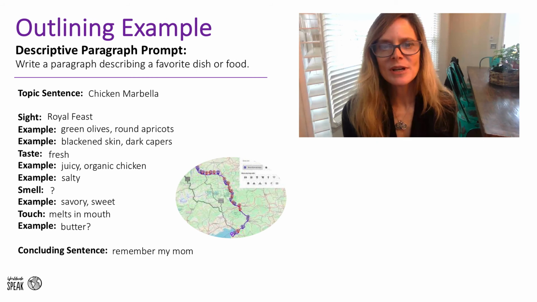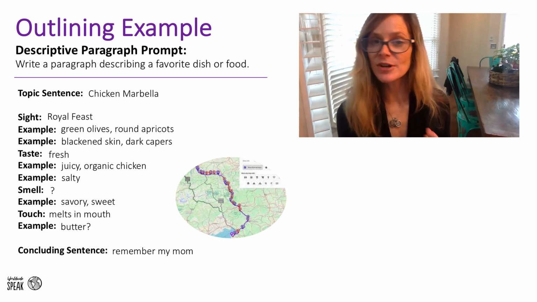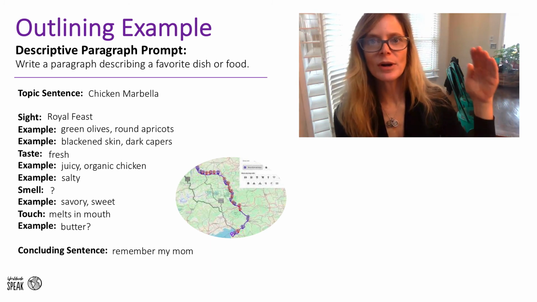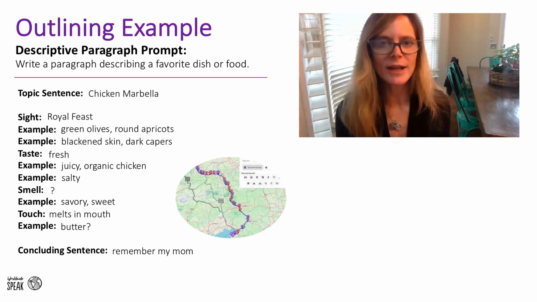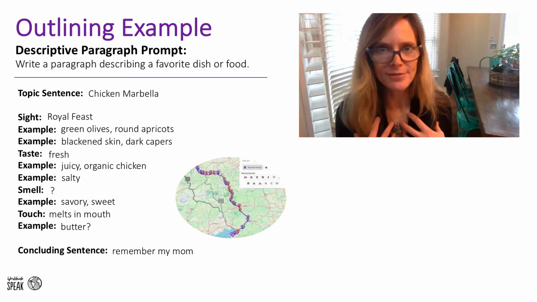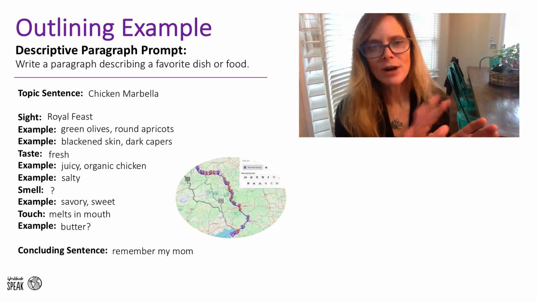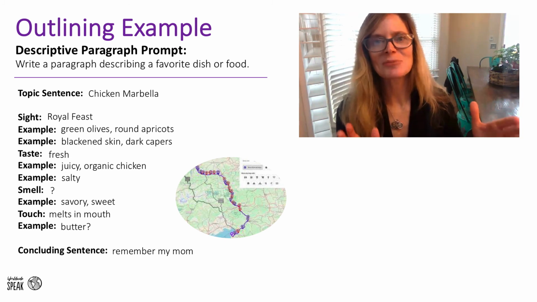All right, so the outline example is here for you. It is the structure of a descriptive paragraph. You now know how many sentences you're going to write. When you're beginning to write in English, it is, I have found, very useful to know how many sentences you're going to need within each paragraph. It helps you know where you're starting and where you're finishing.